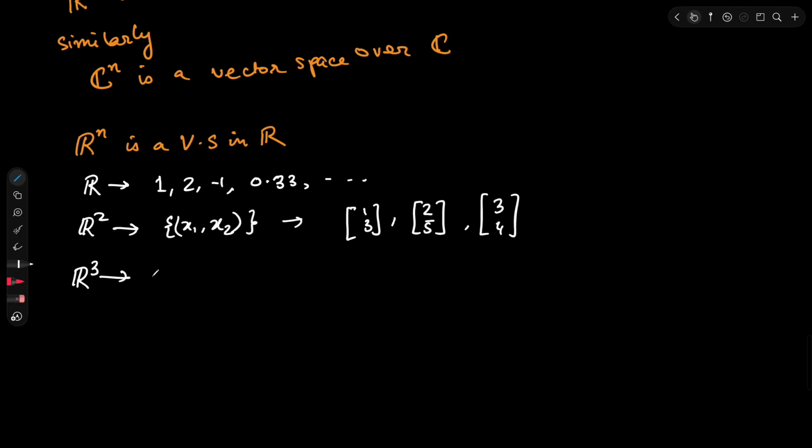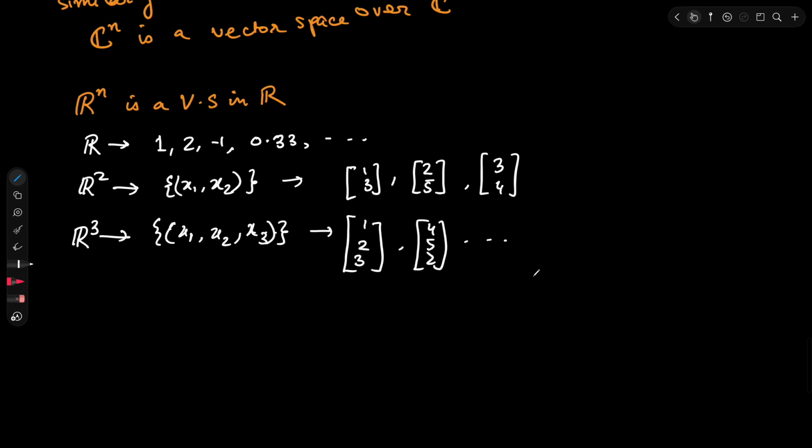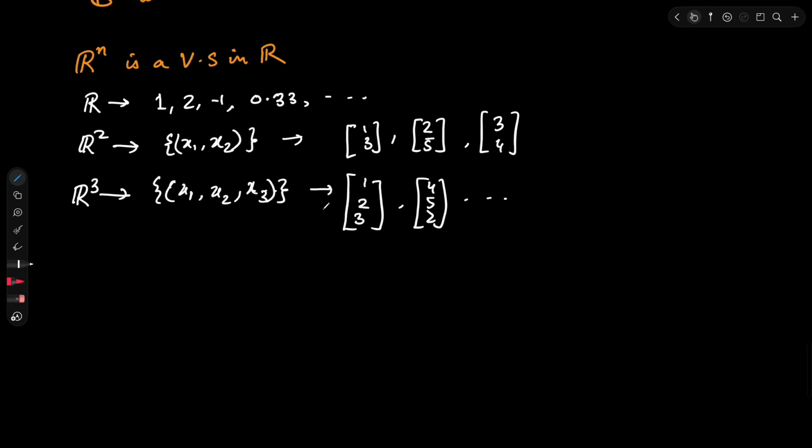R3 means three dimensional, so that is x1, x2, x3. These are three-dimensional vectors, so we can call it the XYZ plane. So 1 2 3 is one of them, 4 5 2, like this we can have an infinite number of vectors of R3.